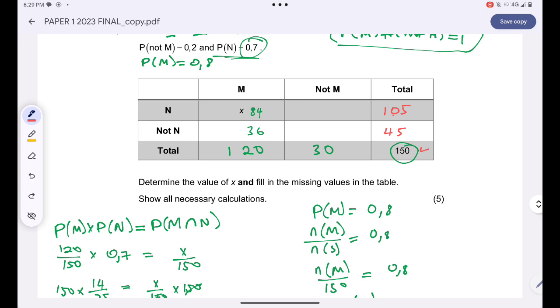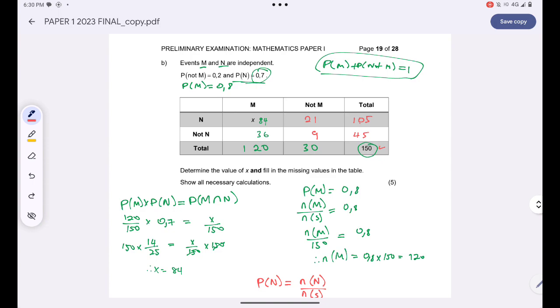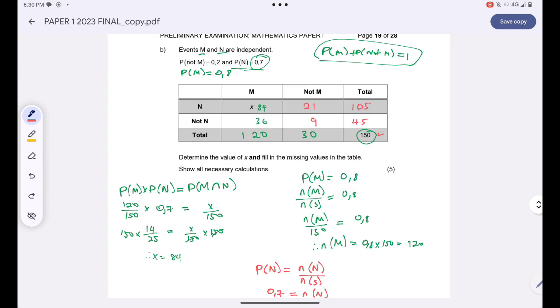Okay, and then 105 minus 84 will simply give me 21, and then 45 minus 36 will simply give me 9. So now guys, I have filled in the table, so I am good to go now.